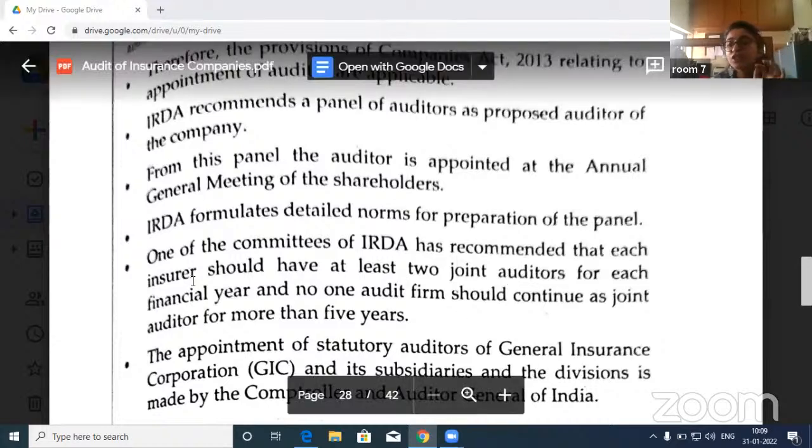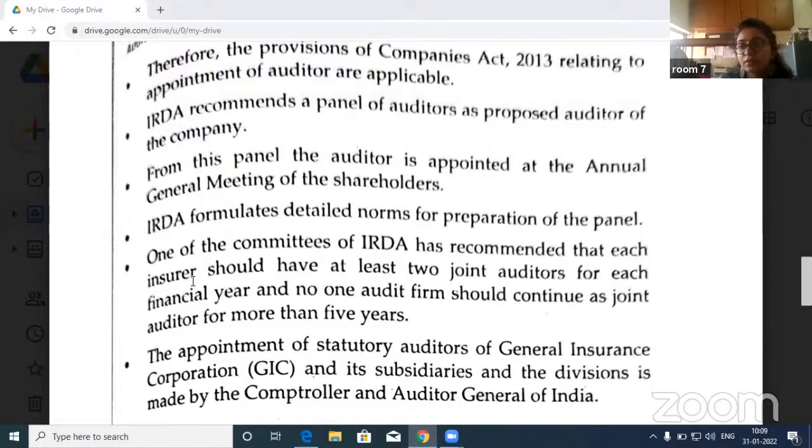Each insurer, meaning insurance company, will have at least 2 joint auditors because the company is too large and huge. And therefore, there should be at least 2 auditors in the company for each financial year.